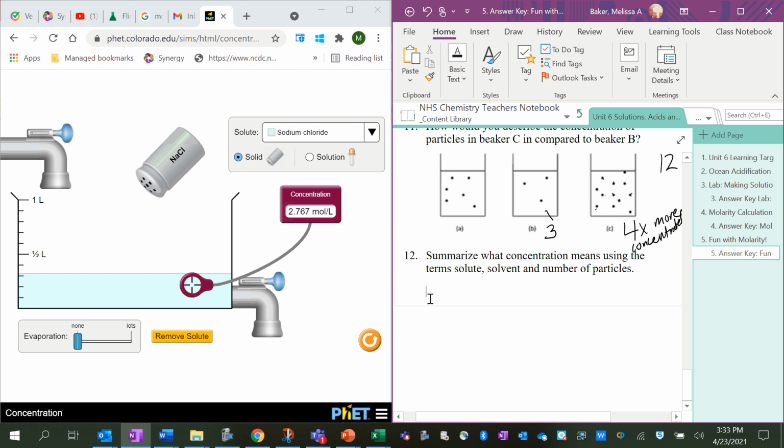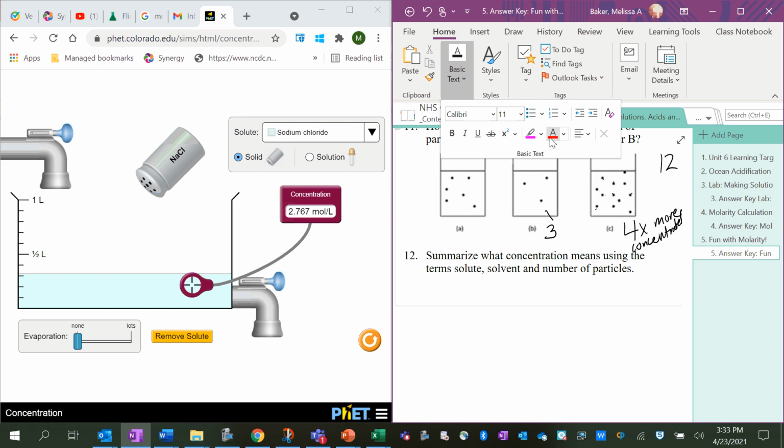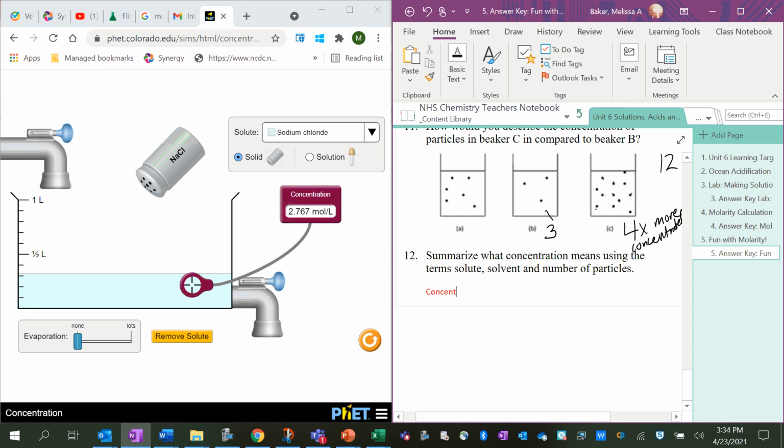Summarize what concentration means using the terms solute, solvent, and number of particles. So concentration is the number of moles of solute particles dissolved divided by the number of liters of solvent.